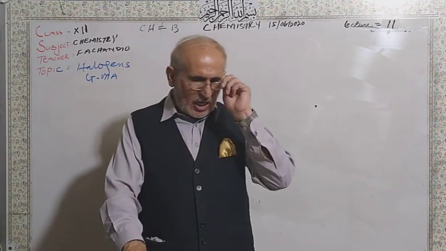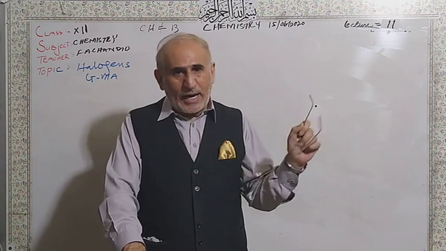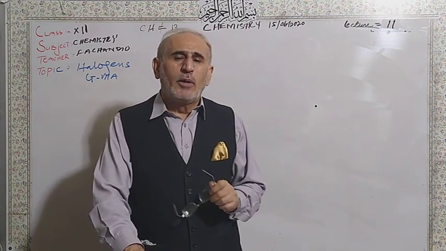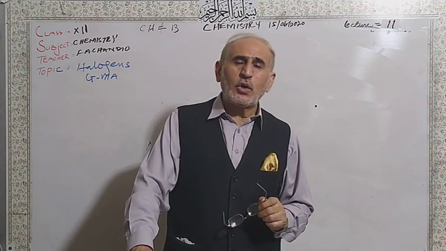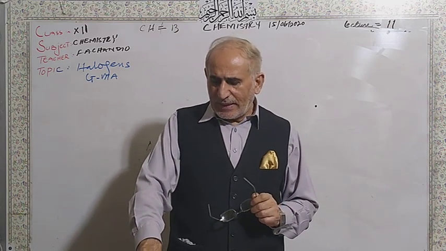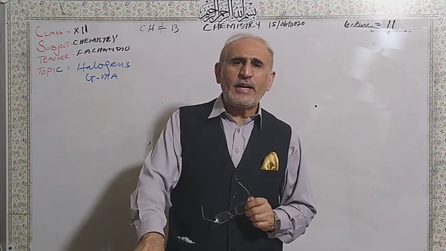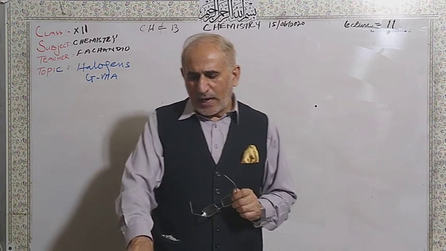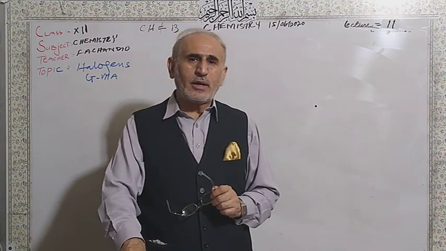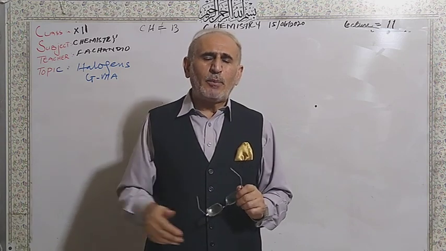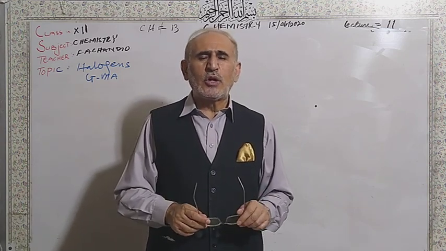The bond enthalpy between the fluorine atom and fluorine atom is smaller. But the bond enthalpy between chlorine and chlorine is very high. Then the bond enthalpy between bromine is smaller, less, and between iodine and iodine even smaller. It means that from chlorine to iodine, the bond enthalpy of the molecules will decrease.